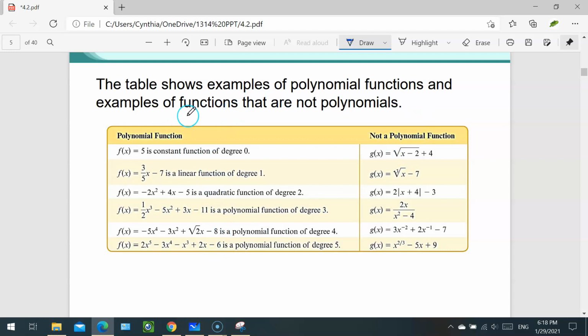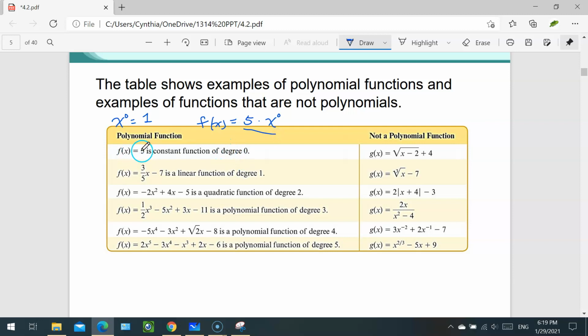So we look at the first one, f of x equals 5. 5 is a constant number, but in fact I can rewrite 5 as 5 multiplied by x to the power 0, and x to the power 0 is equal to 1. Since 0 is a whole number, this is a polynomial.